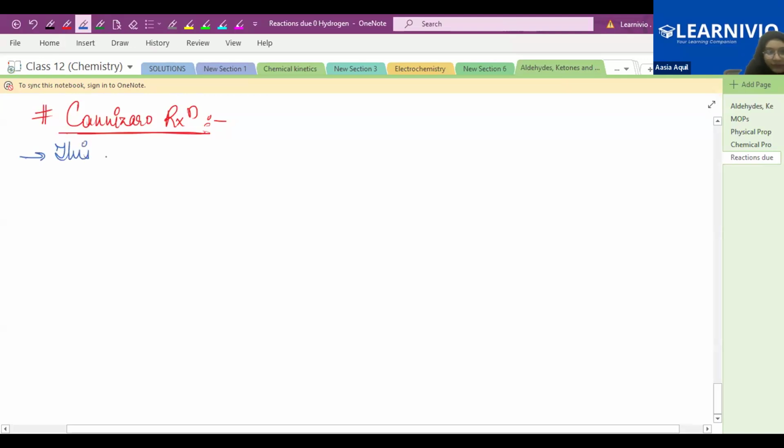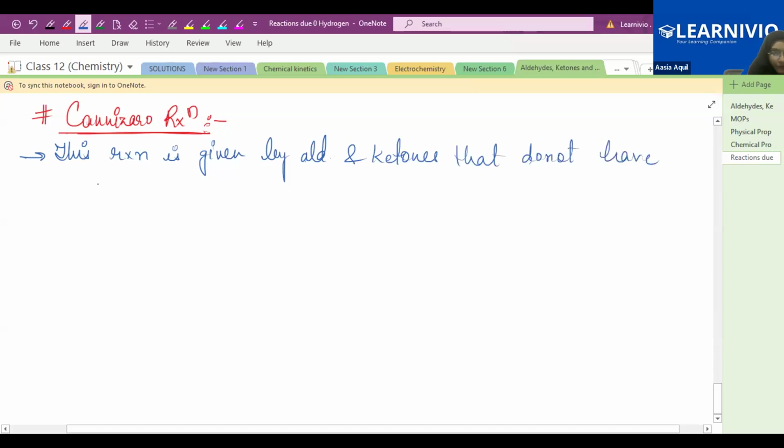this reaction is given by aldehydes and ketones that lack alpha hydrogen, that do not have alpha hydrogen. That is the difference between aldol and Cannizzaro reaction. Cannizzaro reaction is given by that carbonyl compound that lacks alpha hydrogen.